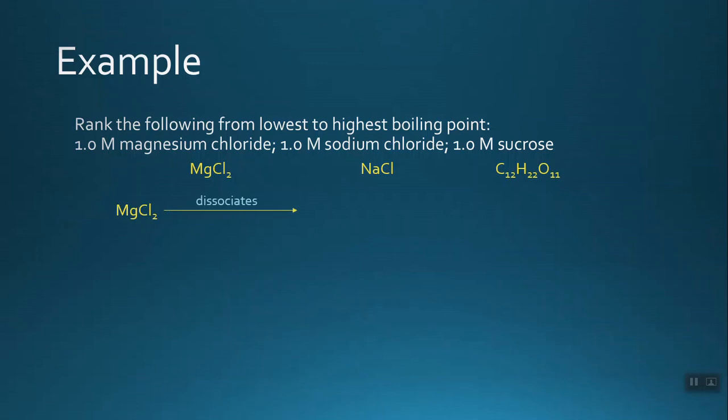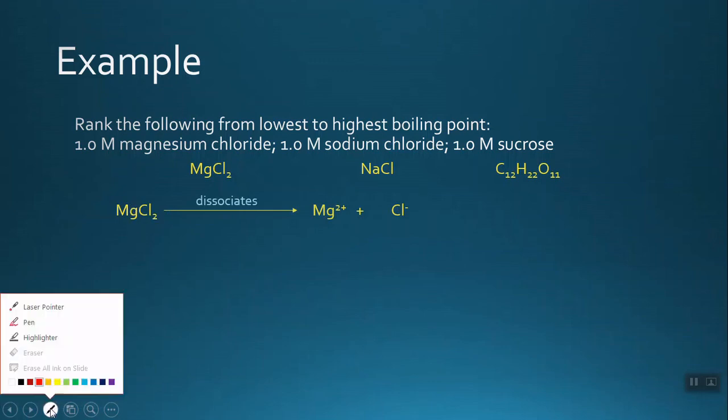So magnesium is, remember, +2, so we have Mg2+, and chlorine is -1, so we have Cl-. The next thing we want to do is make sure that our ions match up the number of atoms on our left side, right?